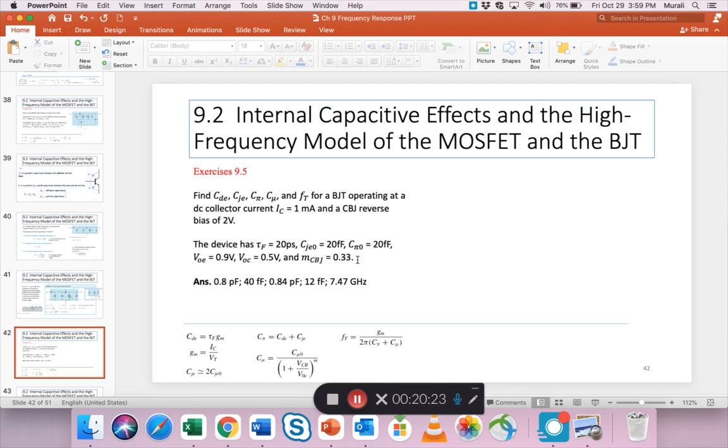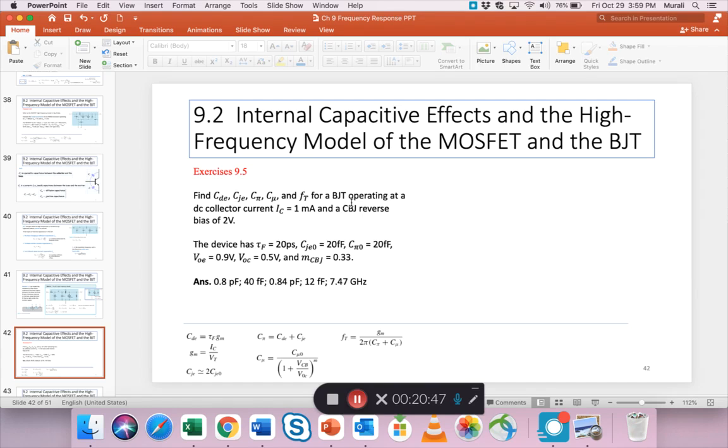Okay, so exercise 9.5. Find these four different capacitors and the unity gain frequency for a BJT operating at a DC collector current IC of 1 milliamp and a CBJ reverse bias of 2 volts.